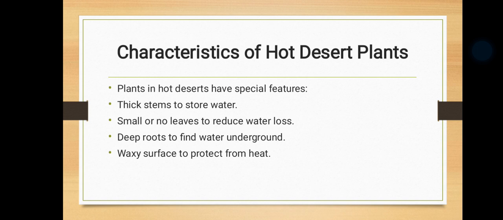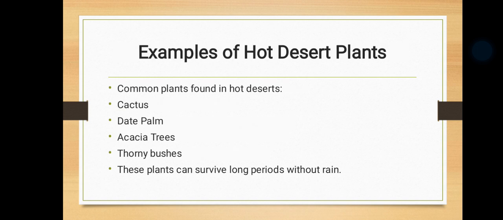Their roots grow deep underground to find water, and many plants have a waxy surface that protects them from heat. So common examples for hot desert plants are cactus, date palm, thorny bushes, and these plants can survive long periods without rain because they store water and reduce water loss.